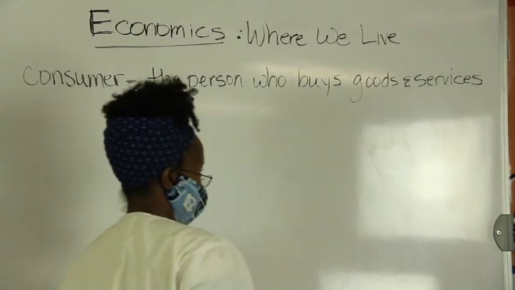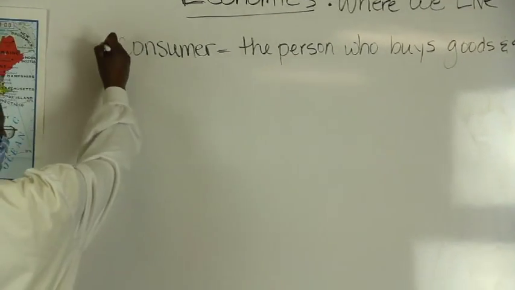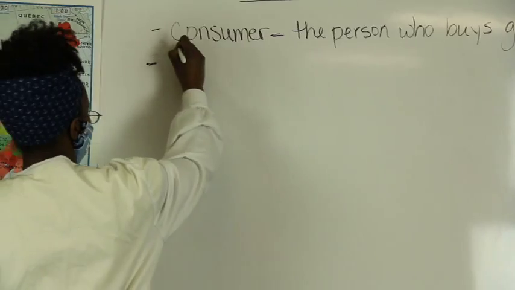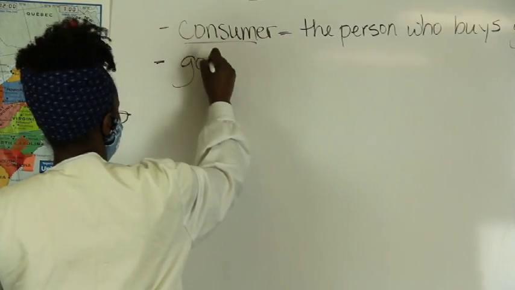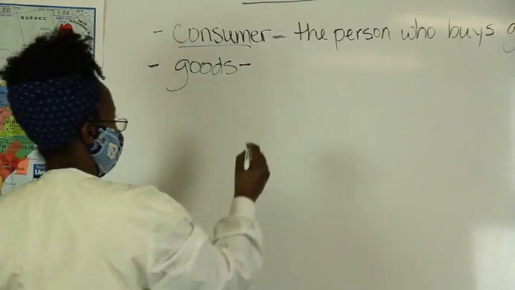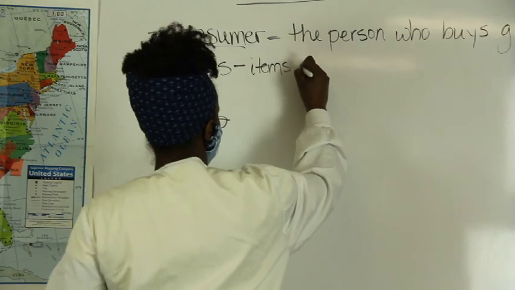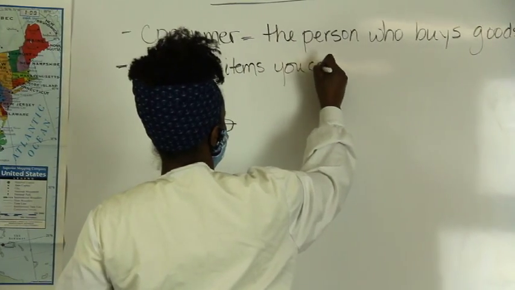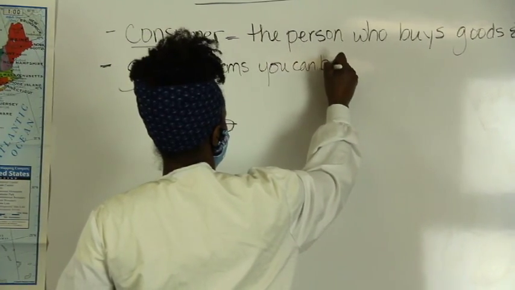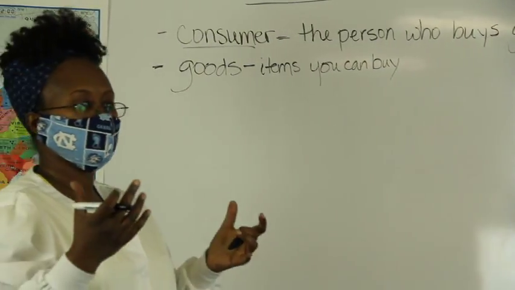And you say, okay, goods and services. What's goods and services? Okay, so goods are different items you can buy. You have to be able to physically hold it in some kind of way.